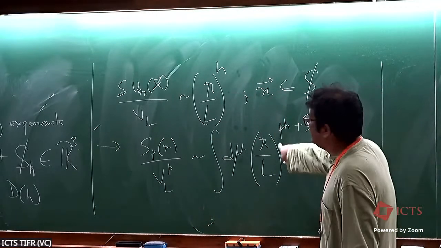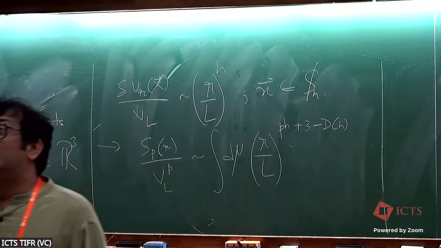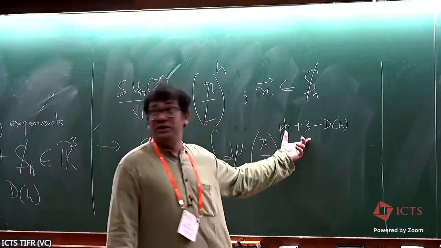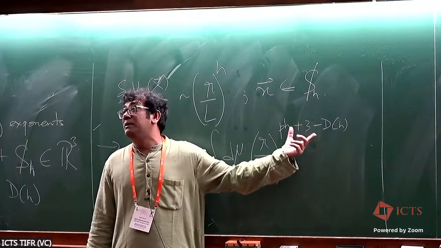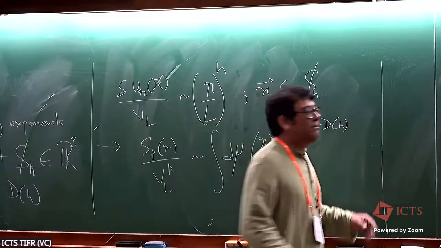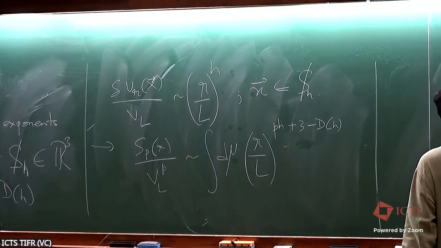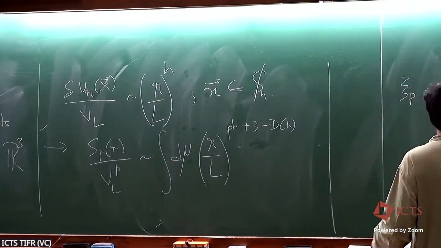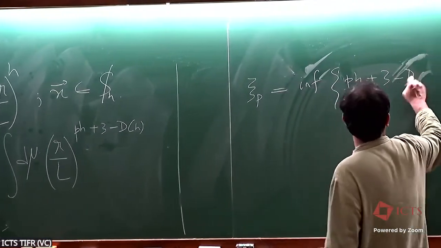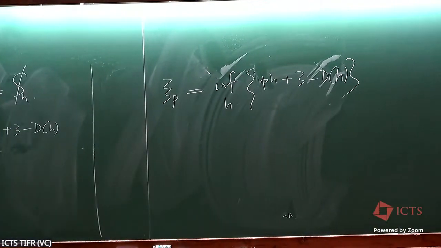And you can now take the large Reynolds number limit, where R over L will be a small number. So this continuum will be dominated by the exponent that you will get, which will be the minimum of these numbers. Mathematically, but don't worry about the notation, you essentially write that this will be the infimum of PH plus 3 minus D of H. So you loop over all H's.